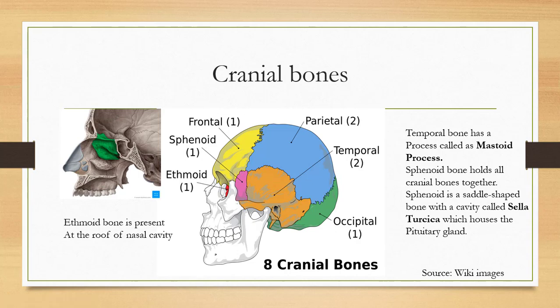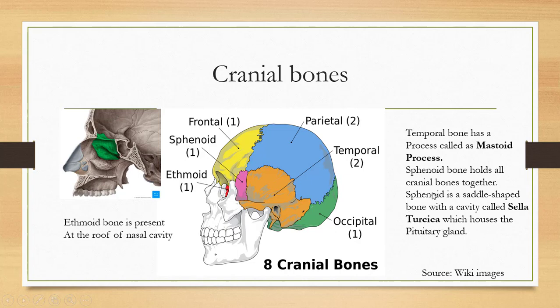Sorry, it lies in the interior of the cranial bones, and it holds all the cranial bones together. It is a saddle shaped bone. Saddle means a chair like structure which is fitted on the back of a horse, which helps you to sit. So it's a saddle shaped bone with a cavity called sella turcica, which houses the pituitary gland.